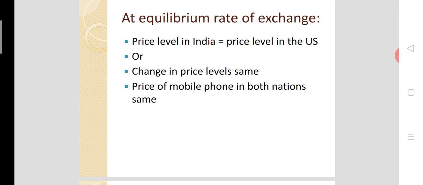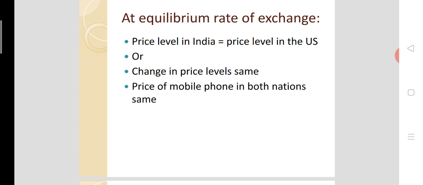Specifically, the price of a mobile phone in India will be equal to the price of the same mobile phone in the United States. It doesn't mean that the mobile phone in India and the United States have the same monetary unit. For example, a 10,000 rupees worth mobile phone in India will not be equal to a $10,000 mobile phone.